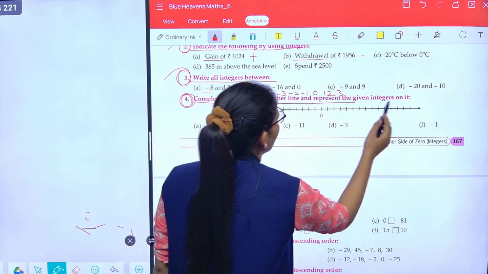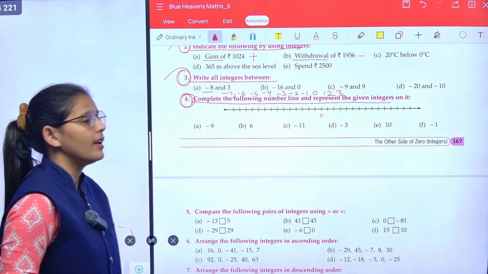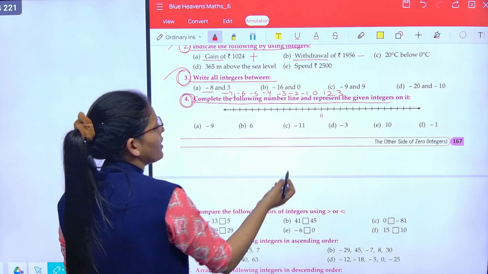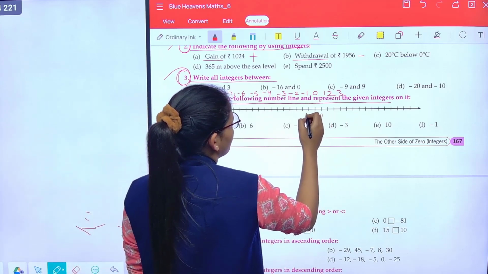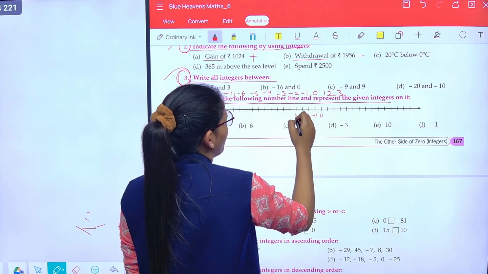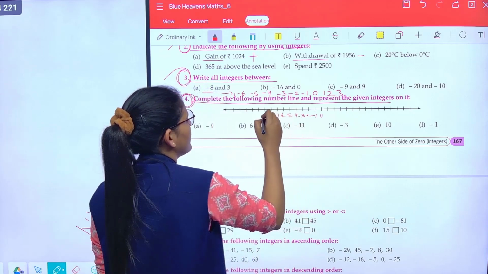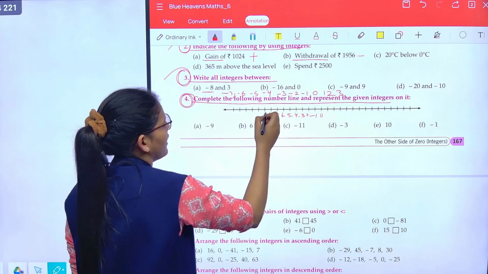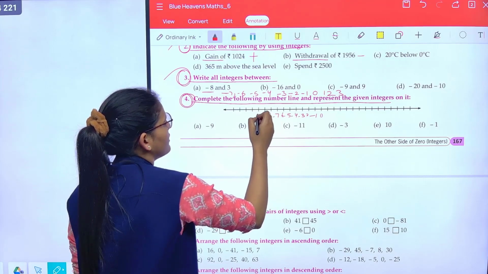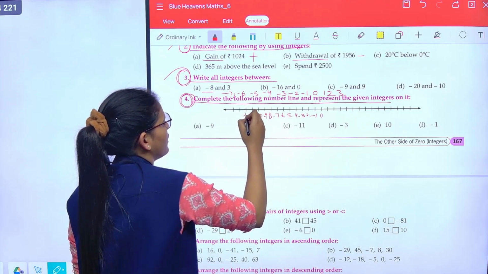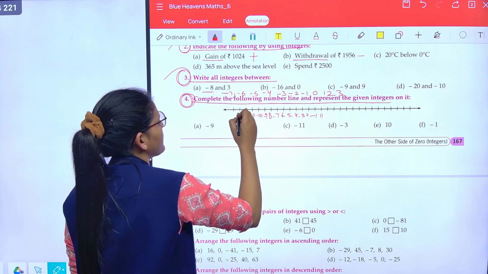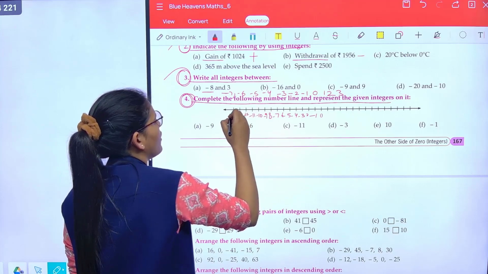Question number 4. Complete the following number line and represent the given integers on it. Now class, counting along the number line up to 14.